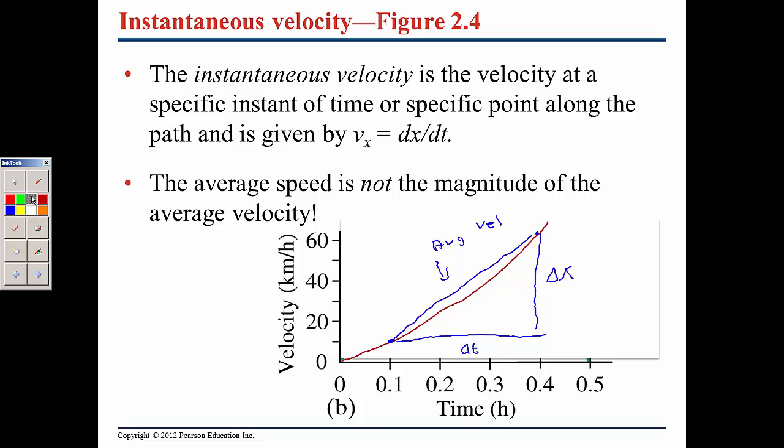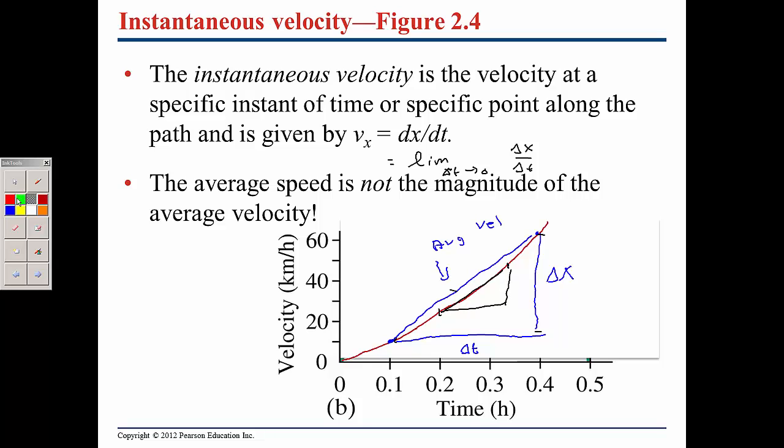Now, the instantaneous velocity is actually taking the limit as delta t approaches 0 of change in position divided by the change in time. So you can think of, rather than looking at big long time intervals, maybe I'm looking at a time interval like that.